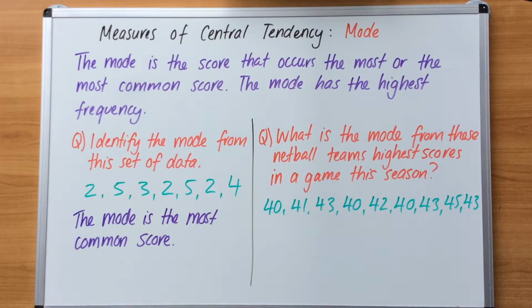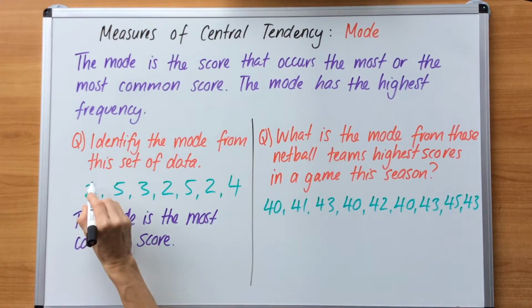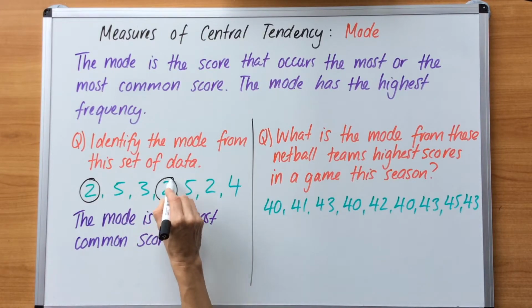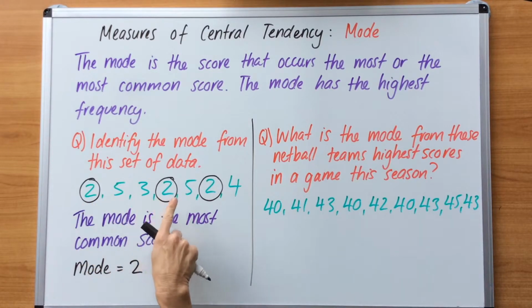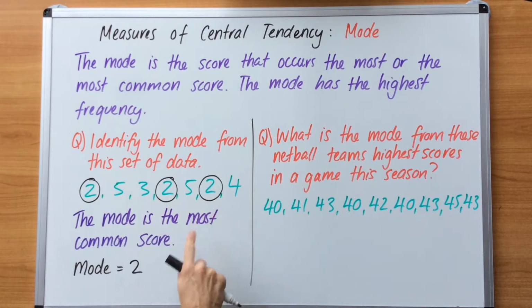So I go through those numbers and I'm looking for the most common appearing number. So I can see 2 appears quite a few times actually. So I realize that the number 2 is the mode. So mode equals 2, because out of the 1, 2, 3, 4, 5, 6, 7 numbers, 3 of those are the number 2.